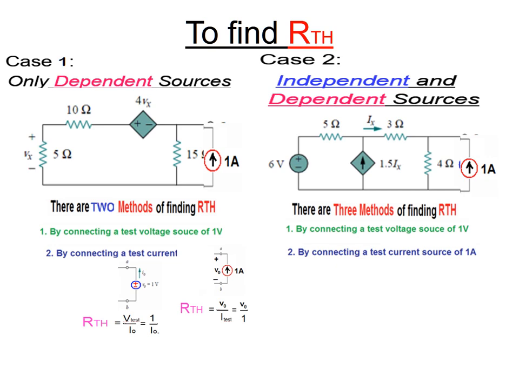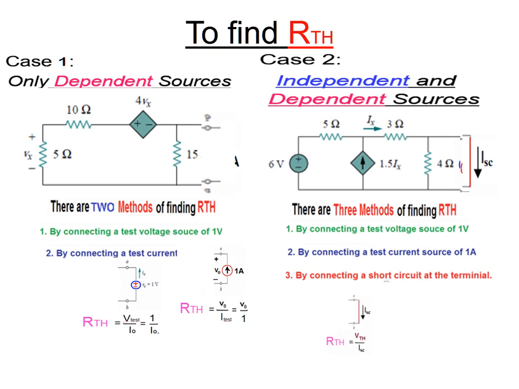So RThevenin is V over I, so V naught over 1 ampere will give RThevenin. In case 2, there is another way, that is we short circuit the terminal. By short circuiting the terminal, we can also find RThevenin by this formula. So RThevenin in this case is VThevenin over I short circuit.